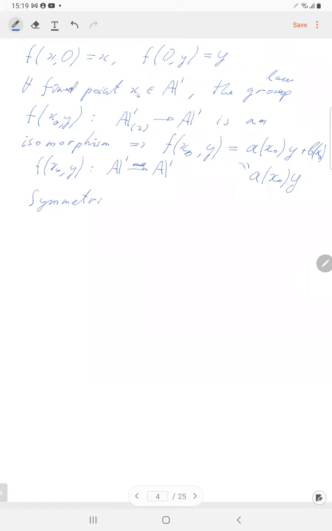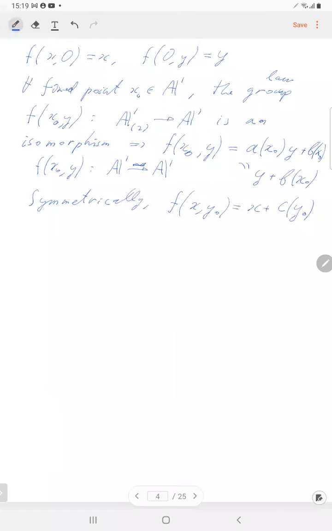It's not this, it's rather y. Sorry. It's y plus b of x naught, vice versa. Symmetrically, f of x and y naught is x plus whatever c of y naught.